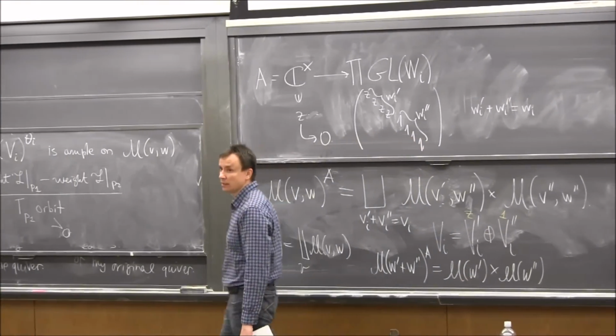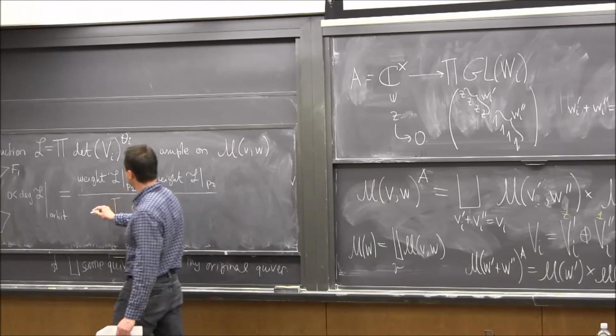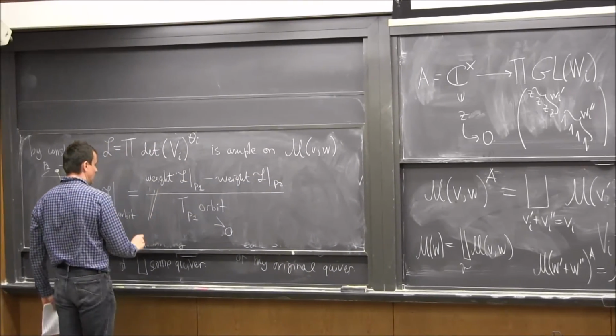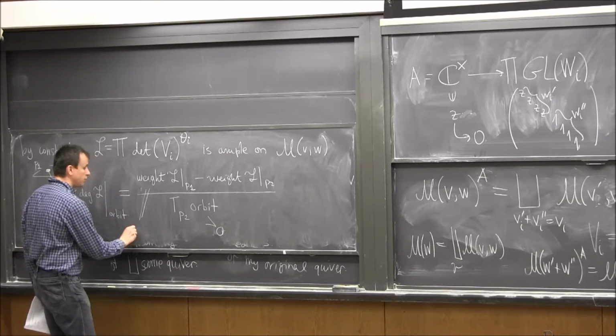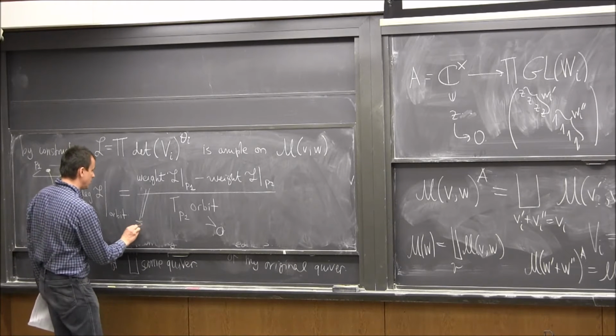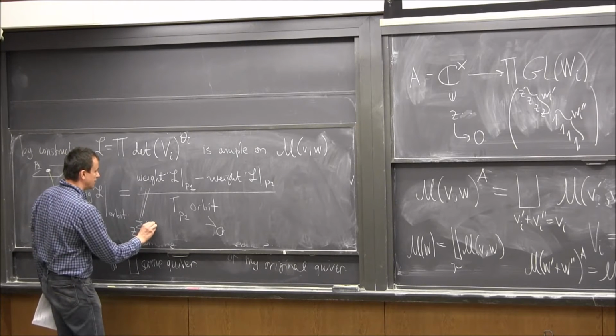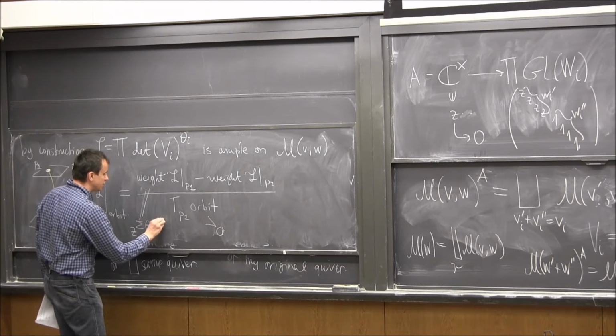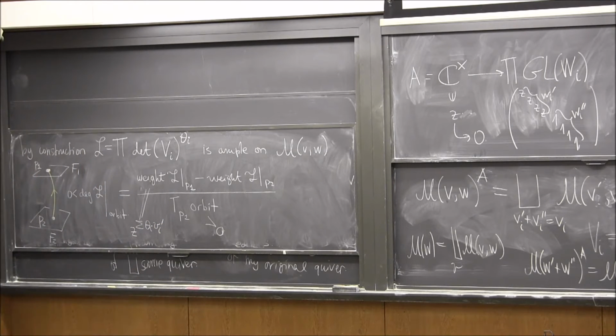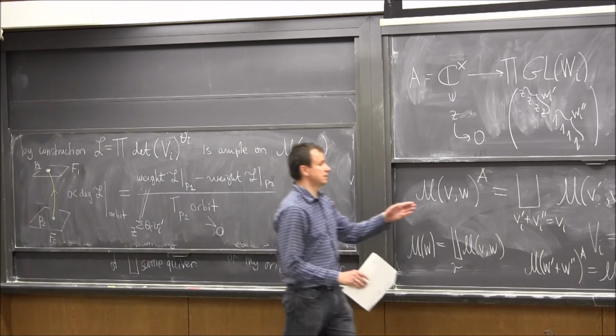And so when I take this weight here, it is z to the sum of theta_i times the dimension of V_i'. This is a space.